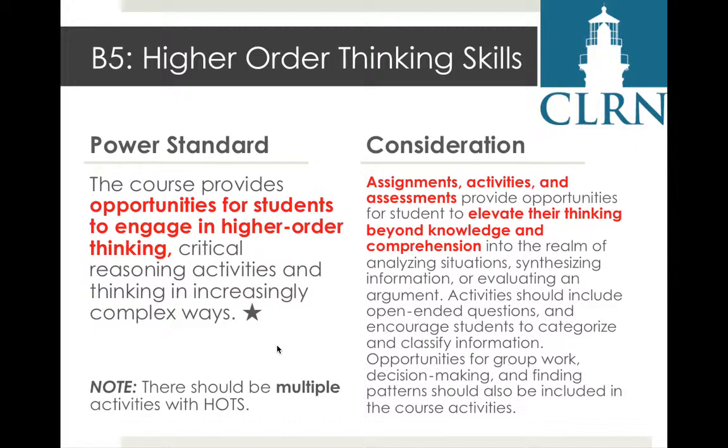The consideration directs you to the assignments, activities, and assessments to determine whether they challenge students beyond knowledge and comprehension. Specifically, do students mostly read and repeat? Are they listening and reading followed by completing assignments and assessments that only ask them to remember? If so, this standard is not met.